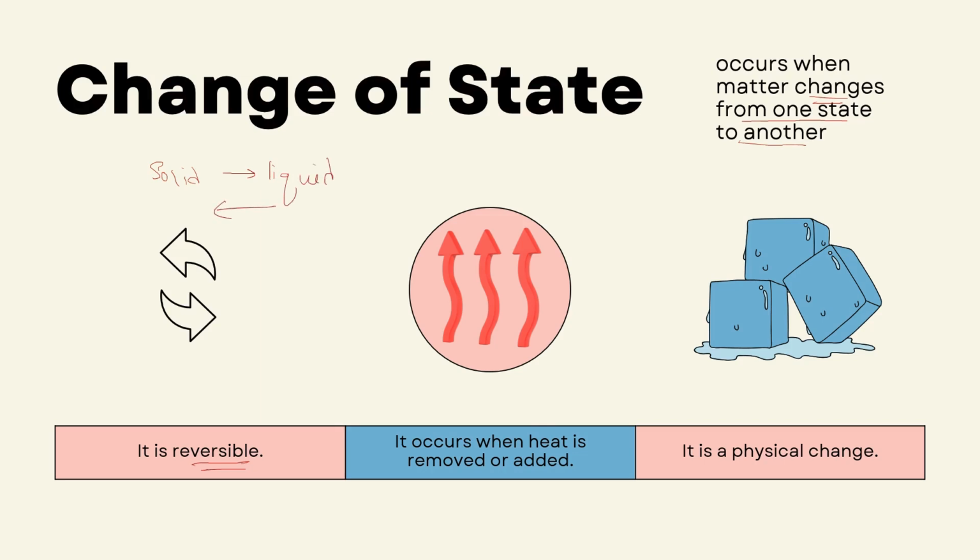It occurs when heat is removed or added. We either supply heat or remove heat. Then it is a physical change. There is nothing chemically involved in it. It's just the change of the state. The formulation and everything will remain the same.